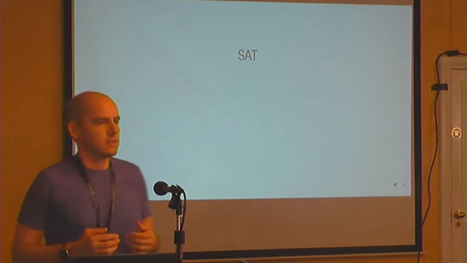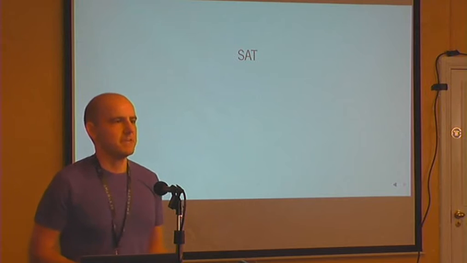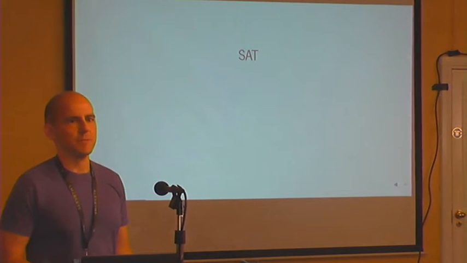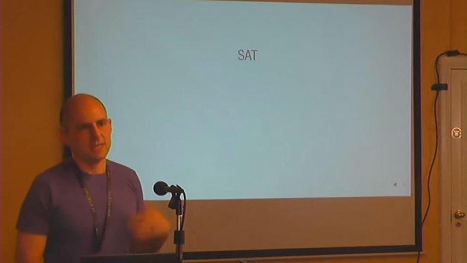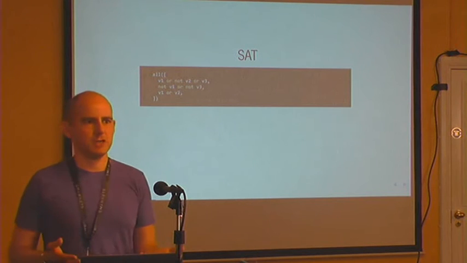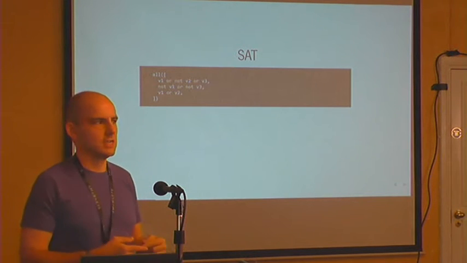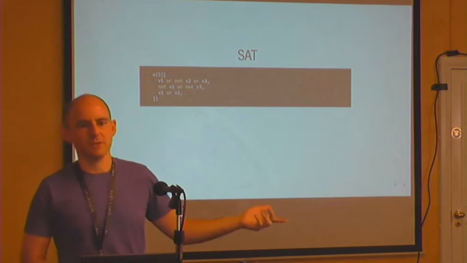The canonical example of a problem that is in NP is the Boolean satisfiability problem, called SAT for short. What this is: we've got a bunch of Boolean expressions that are all just a list of ORed together variables or the negation of those variables.